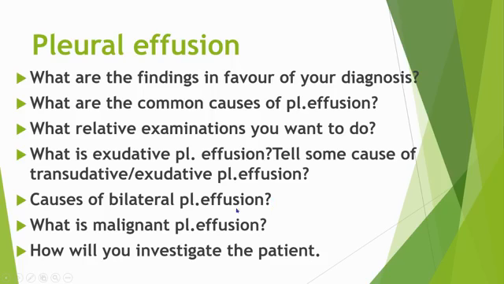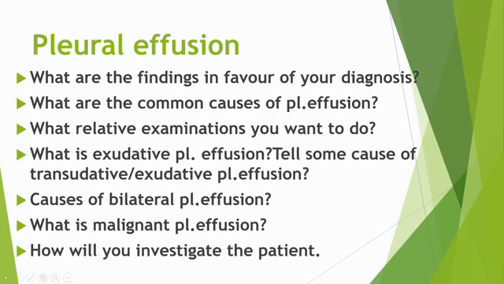Then biochemical test: আমরা গ্লুকোজ দেখি, পিএইচ দেখতে হয়. Glucose decreases in malignancies, pH decreases in malignancies, which is a bad prognosis. And then protein, to differentiate exudative and transudative. Then differential count. What are the cells present in the pleural fluid?